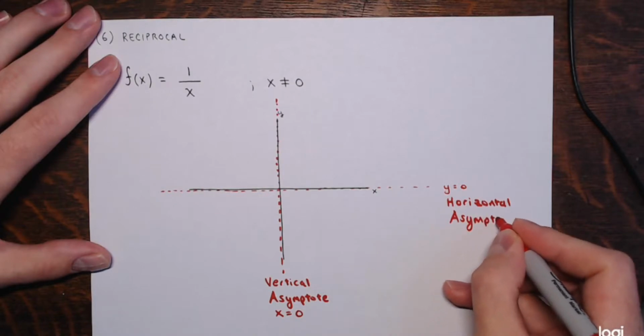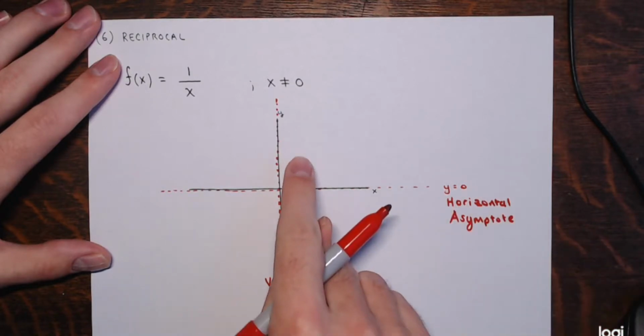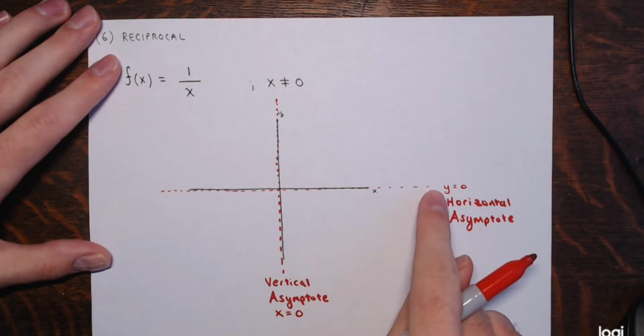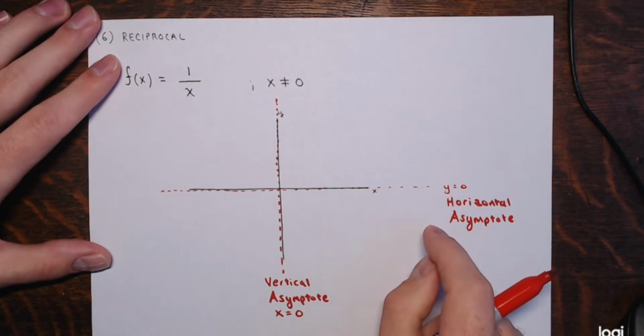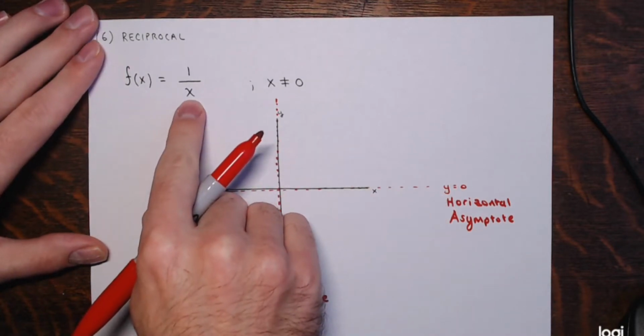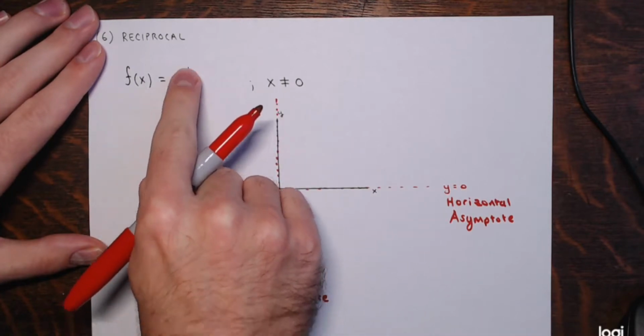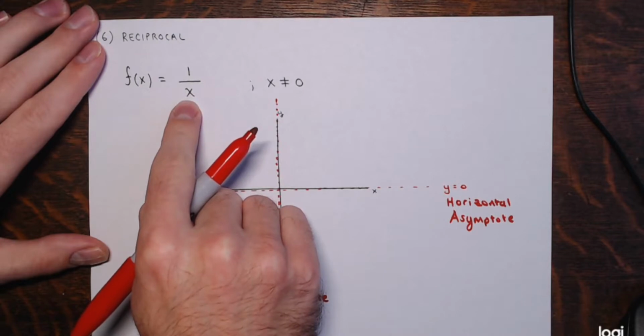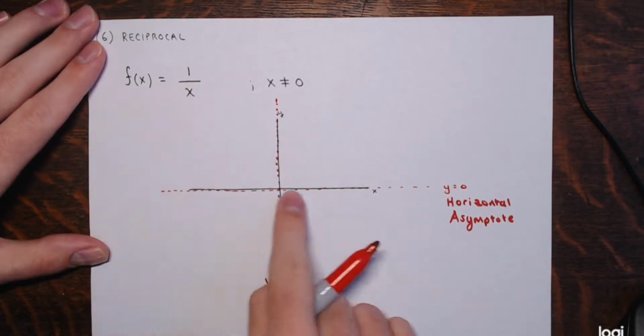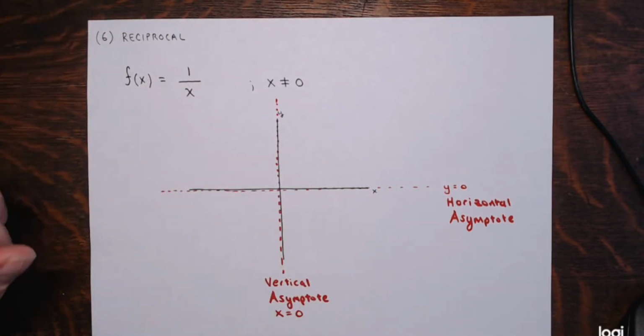And the graph will approach the x-axis also, but never actually touch it, because you plug in any number other than 0, this will never be 0. 1 divided by any number that's not 0 is never going to be 0. You're never going to have an output of 0.